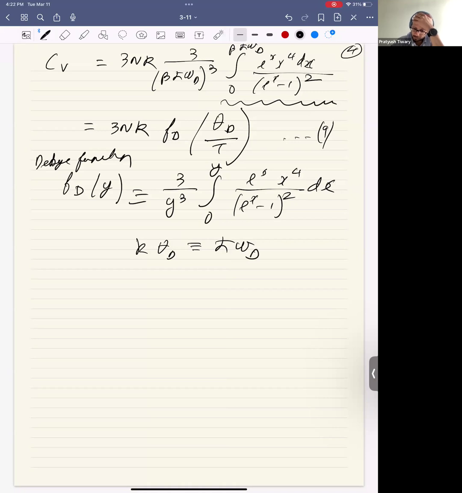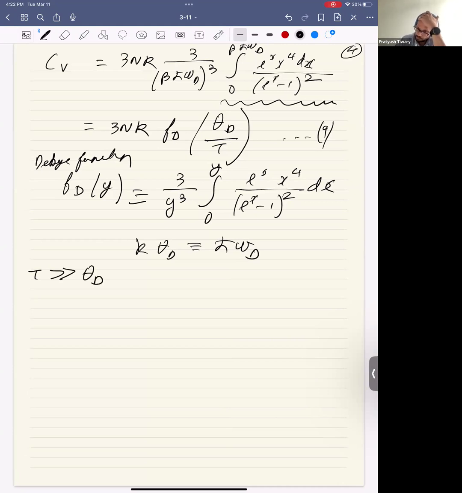Now we need to take the limits and see that it gives us the right behavior. So first we will consider very high temperature, temperature much more than theta d.